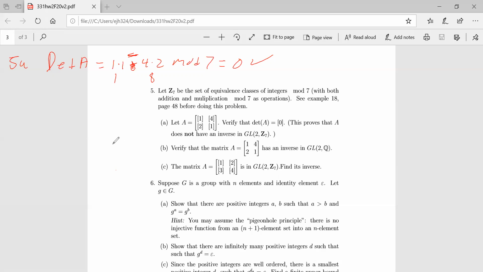Okay, so what is GL? You guys have talked about the general linear group. Come on, someone tell me what GL is.